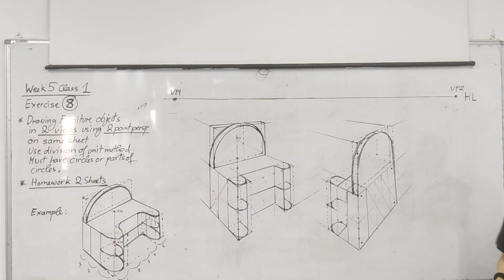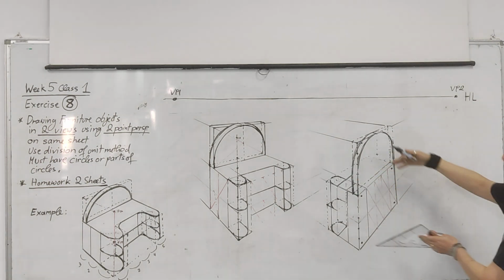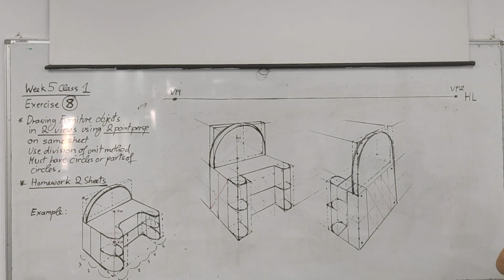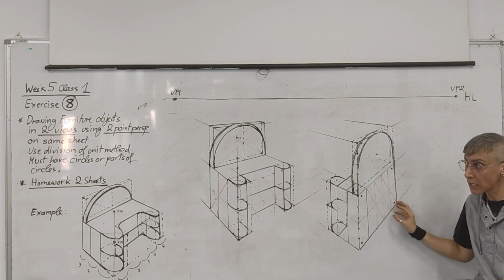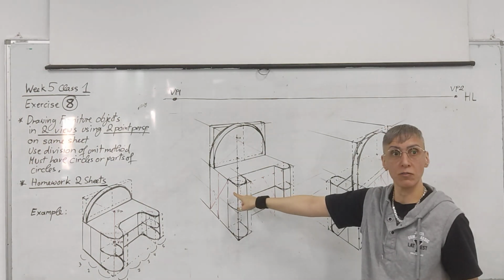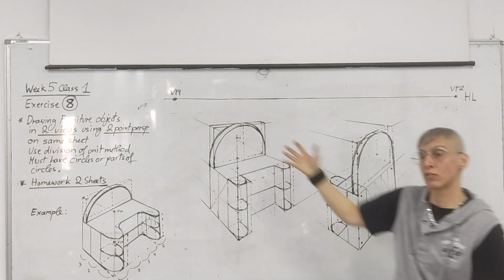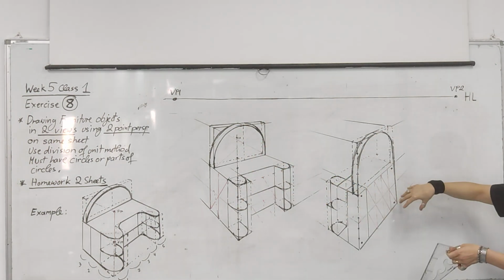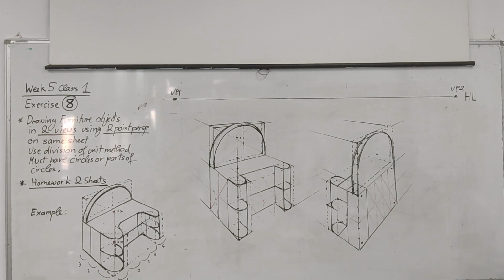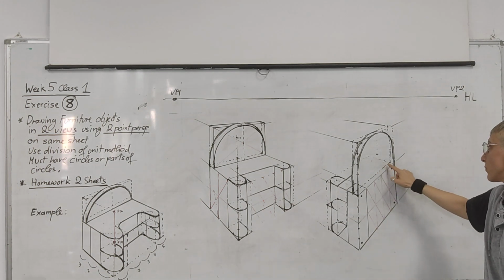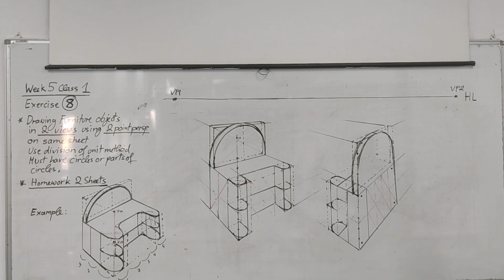The idea is to take the object and draw it correctly. That's the main point. Of course, if you have more details, something that in this drawing is not visible because it's at the back, now we can show what's going on. So this is up to you what you will draw in your homework. So that's the idea.